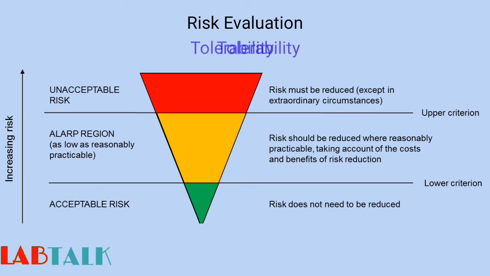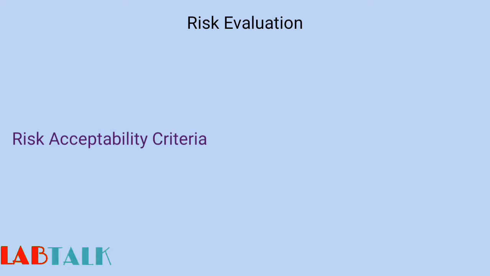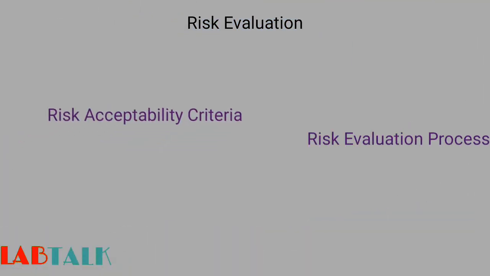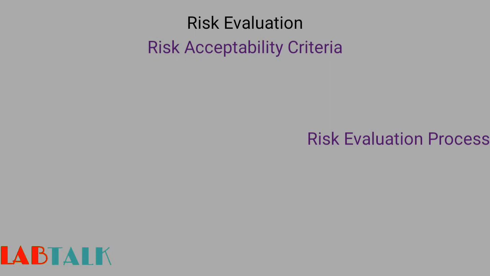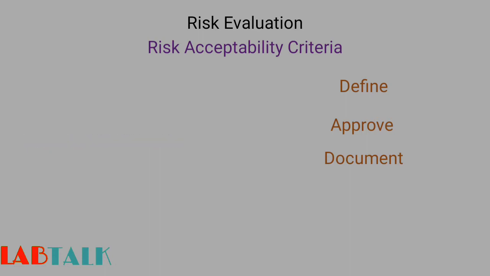Now in this risk evaluation, first of all we are going to find out the risk acceptability criteria, and then we are going to see the risk evaluation process. The laboratory shall define, approve and document risk acceptability criteria for individual risk and the overall residual risk in the appropriate risk management plan.